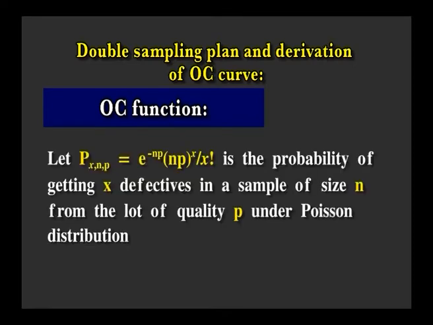OC function. Let P(x; n, p) equal to e to the power minus np, np to the power x divided by x factorial, is the probability of getting x defectives in a sample of size n from the lot of quality p under Poisson distribution.